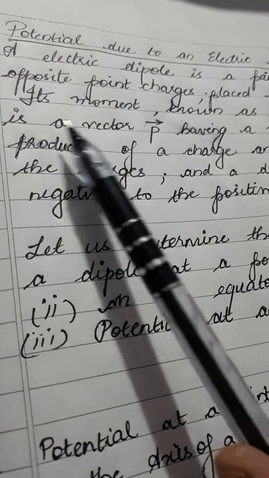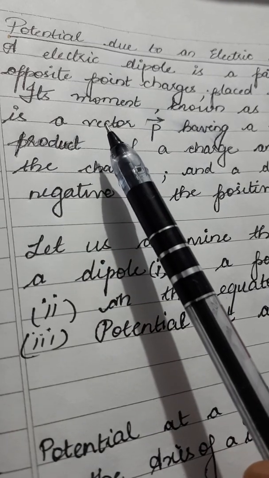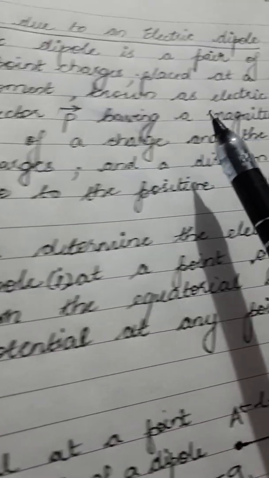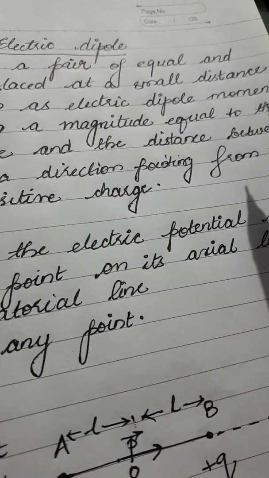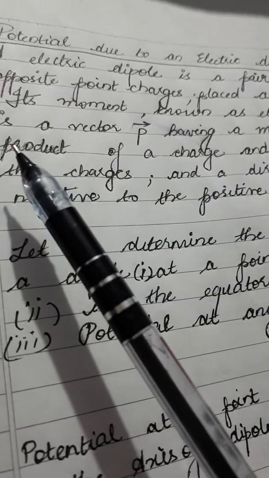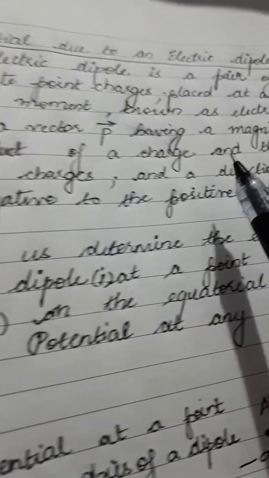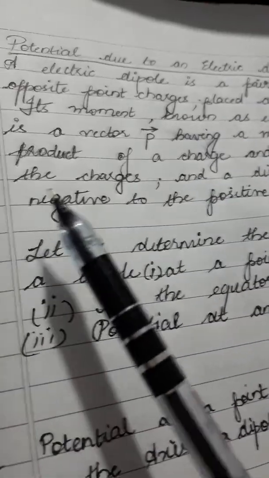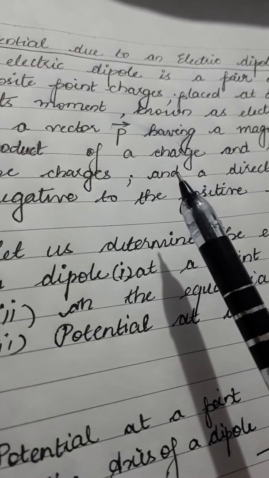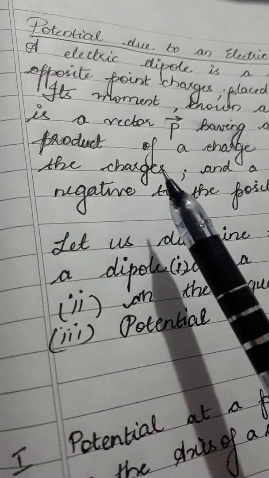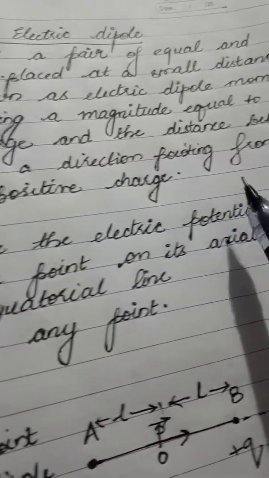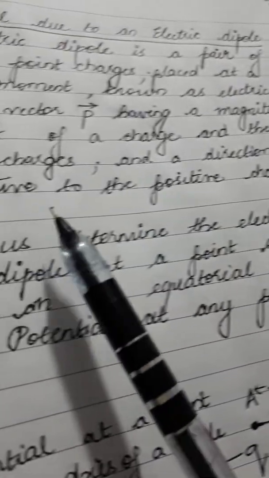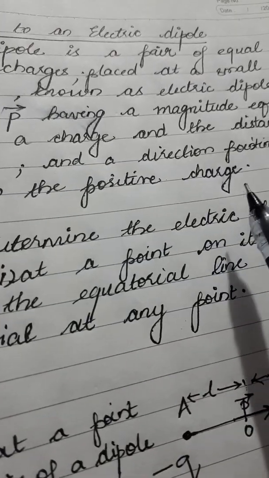Then its dipole moment is known as electric dipole moment. It is a vector P having a magnitude equal to the product of a charge and the distance between the two charges and a direction pointing from the negative to the positive charge.